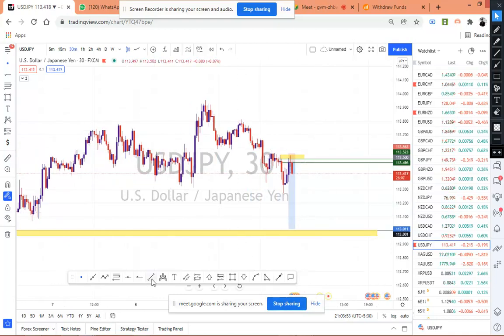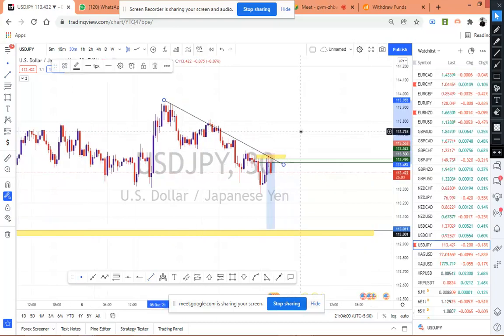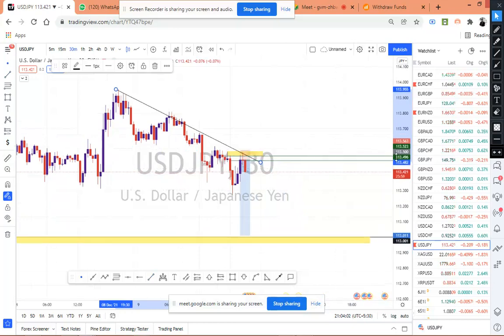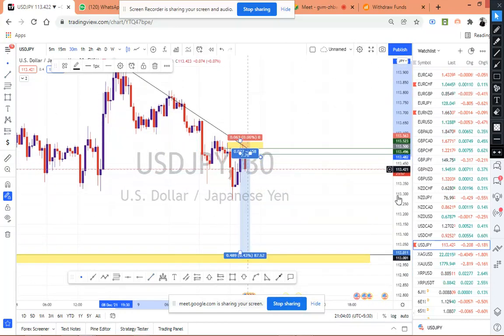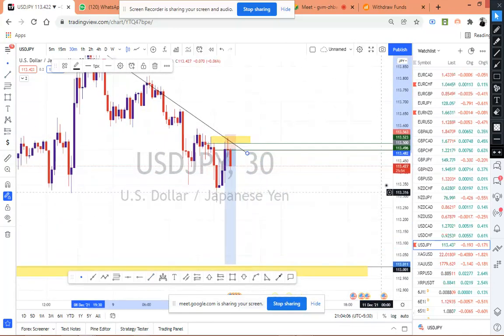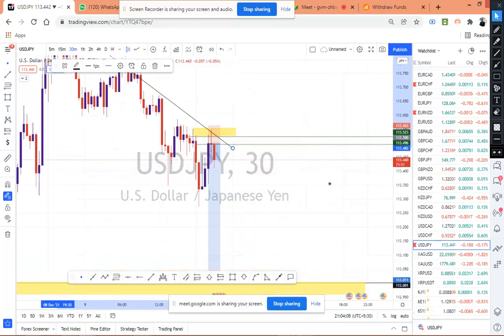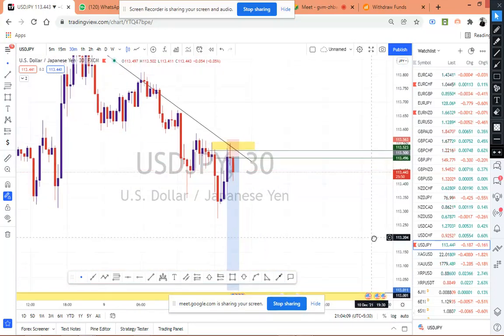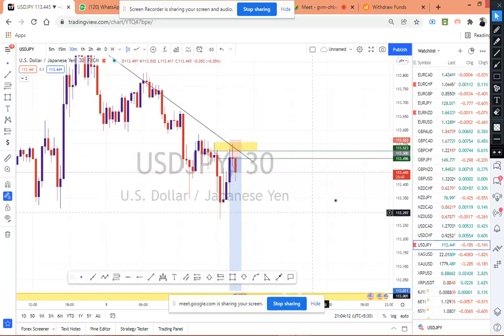Also, if you check above it, it looks like it is respecting the resistance trend line. So I'm expecting this candle should close as red. Why? Because if the candle closes red, that would be a good sign that this trade is 100% sure.